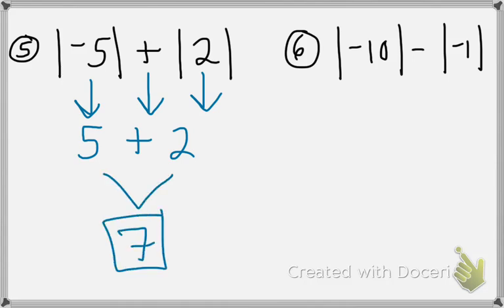Number 6. What is the absolute value of negative 10 subtracting the absolute value of negative 1? So the absolute value of negative 10 is 10. Bring down the operation, which in this case is subtraction. And the absolute value of negative 1 is 1. So 10 minus 1 is 9.